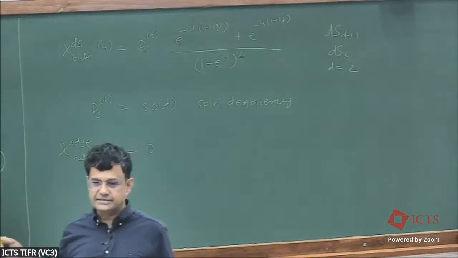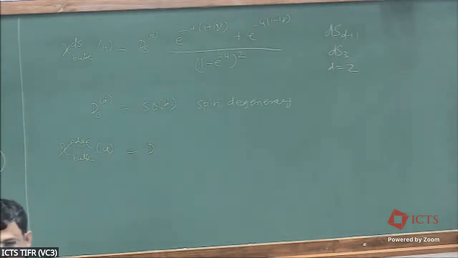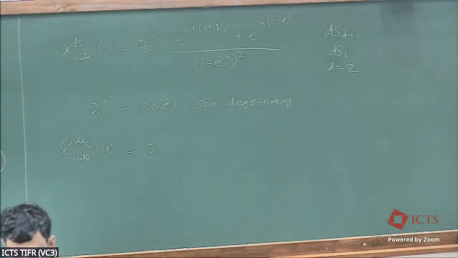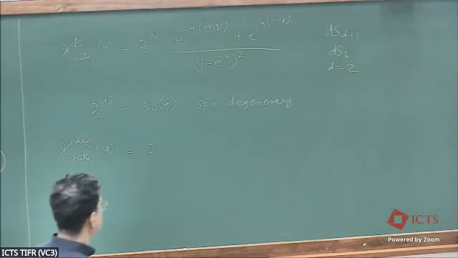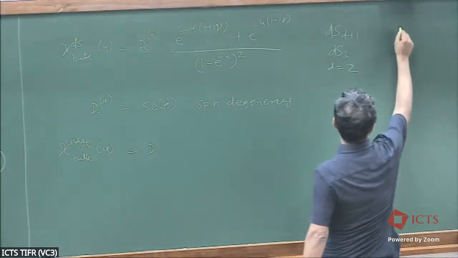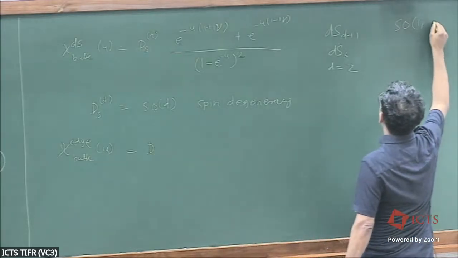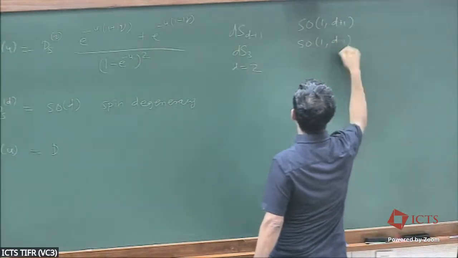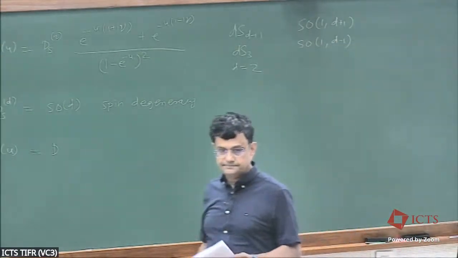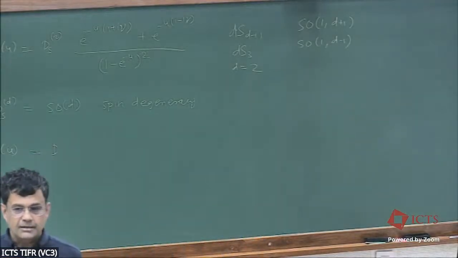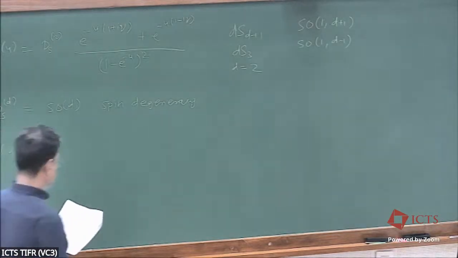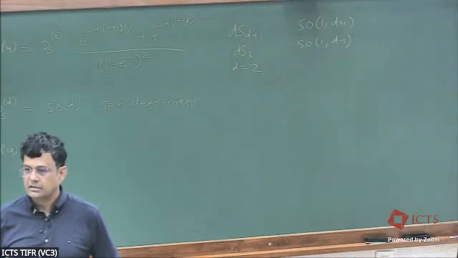So if you were doing de Sitter 4, it would be SO(1,5) and SO(1,2). In general, you will go from SO(1,D+1) to SO(1,D-1). Basically, the bifurcation surface is codimension 2, so you drop 2 dimensions, not 1 dimension.